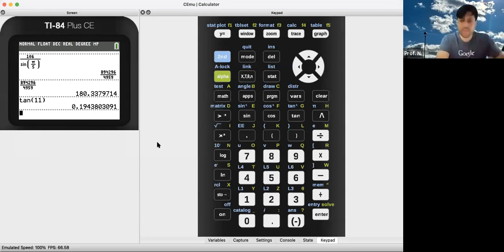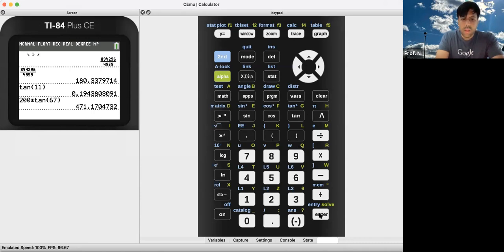Plug in 200 multiplied by tangent of 67 degrees. Make sure you're in degrees. And I get 471.17. I'm going to round it to the nearest hundredth.